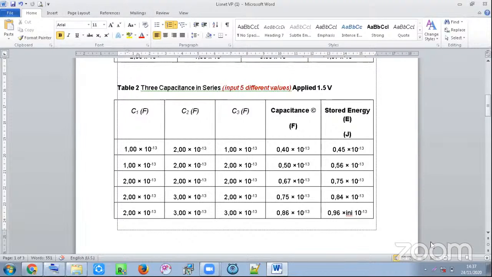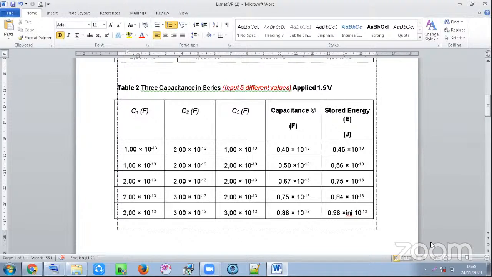And the result of capacitance and stored energy is 0.67 times 10 to the power of minus 13 and 0.75 times 10 to the power of minus 13.